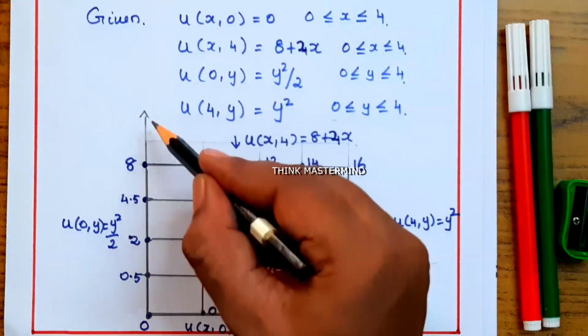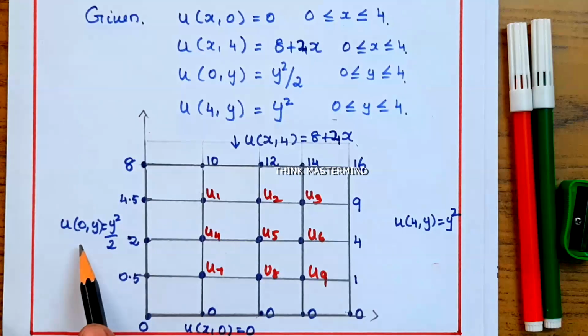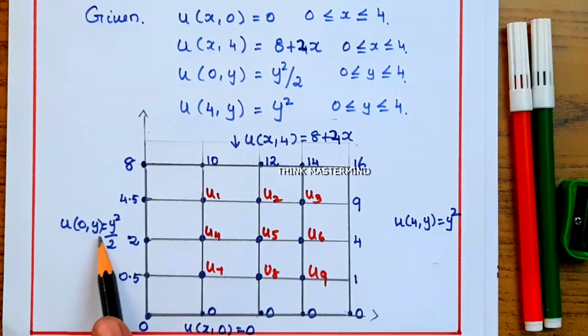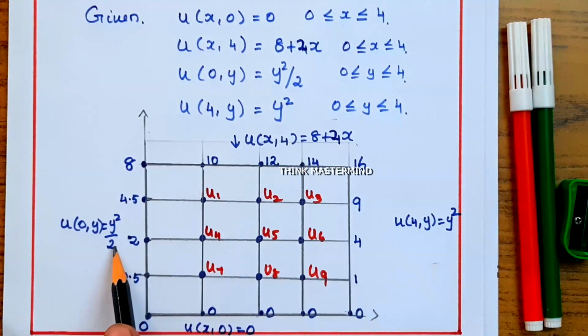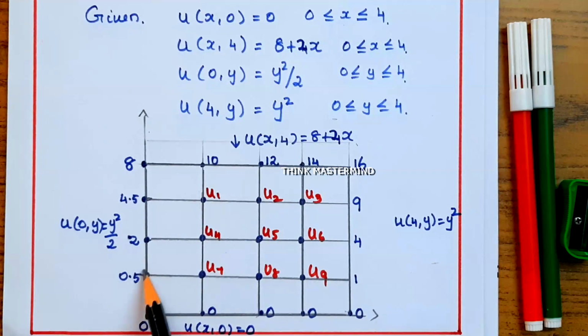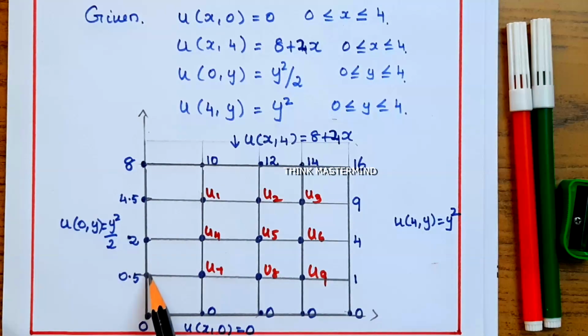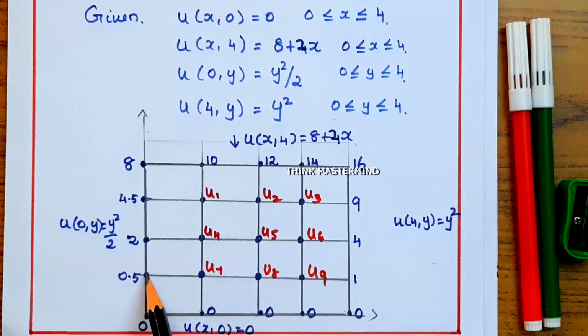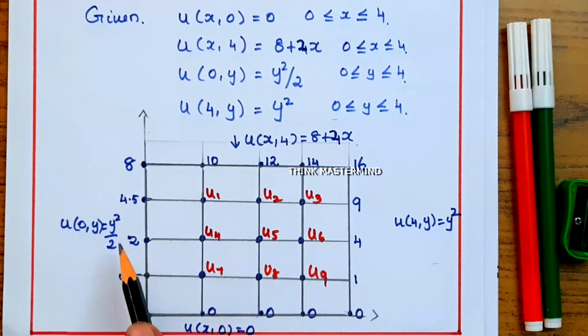Similarly, along the y-axis, the given boundary condition is u of 0 comma y is equal to y square by 2. Suppose we consider the coordinate point here, that is x is equal to 0, y is equal to 1, then 1 square by 2 is 0.5.